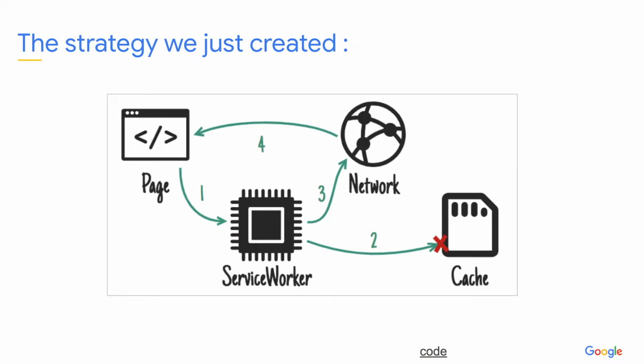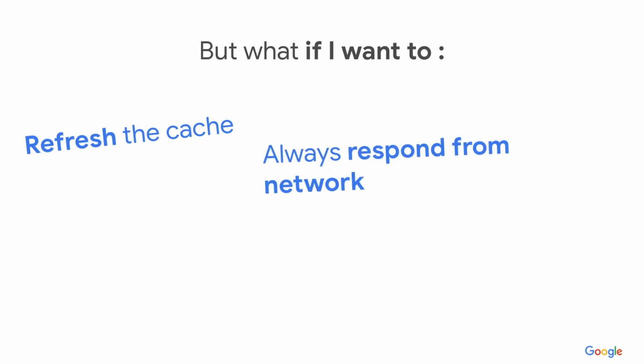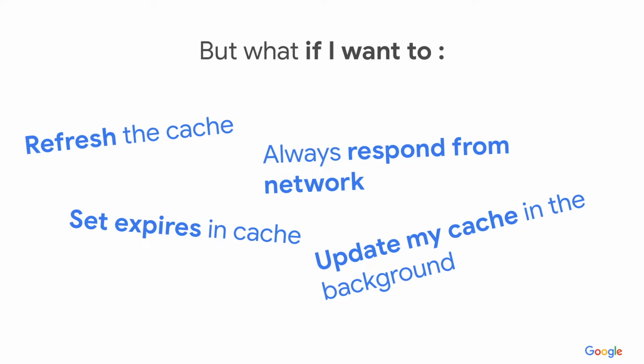Second, if this fails, we try to go on network and respond to that from the network. But what if you want to refresh the cache, or always respond from network, or set expires in the cache, or update your cache in the background, or this kind of thing?